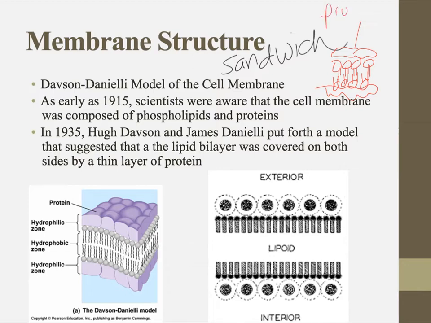So these are the proteins. And then the phospholipids are in the middle. One of the ways that I remember this is the sandwich model, like D-and-D, with a dash in between. So there's two equal things on the outsides with something in the middle. I don't know if that's helpful, just a little trick.